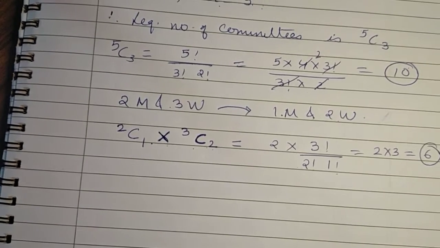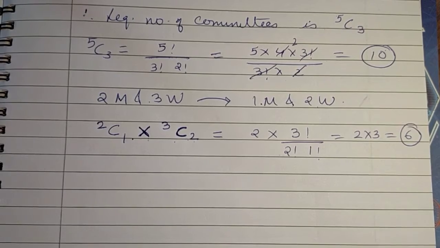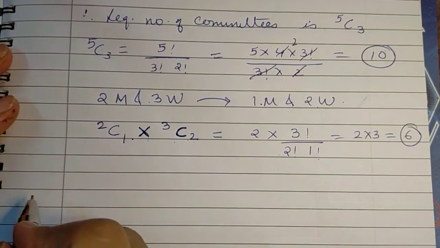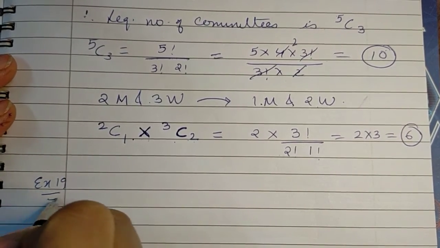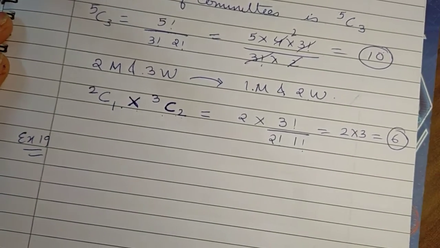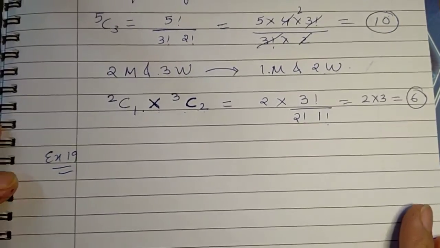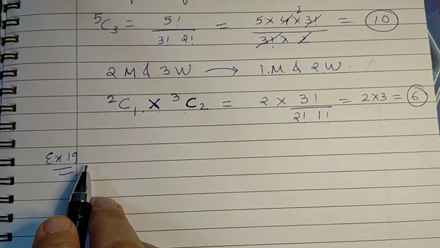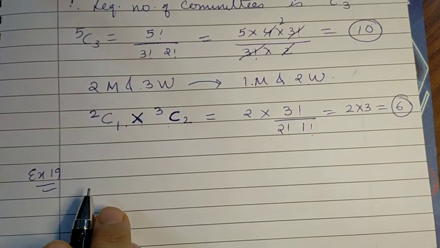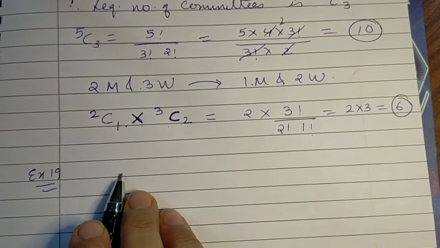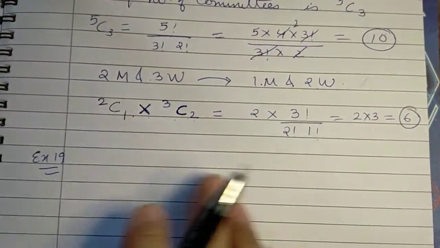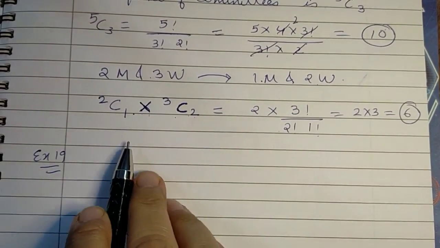Now let's take up the next category of questions, which is example number 19. Example number 19 says, what is the number of ways of choosing 4 cards from a pack of 52 playing cards? As I had mentioned in my previous video, any question based on cards always comes under the category of combinations.